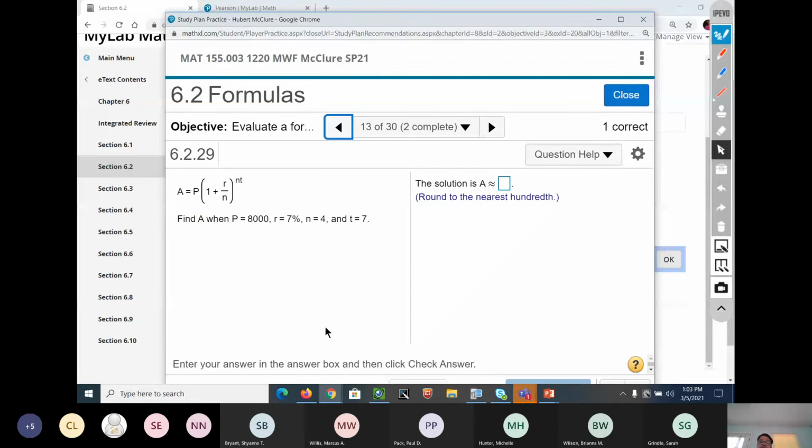That's what that means. And then T is always years. So this one says P is equal to 8,000, R is equal to 7%, N is equal to 4, and T is equal to 7.